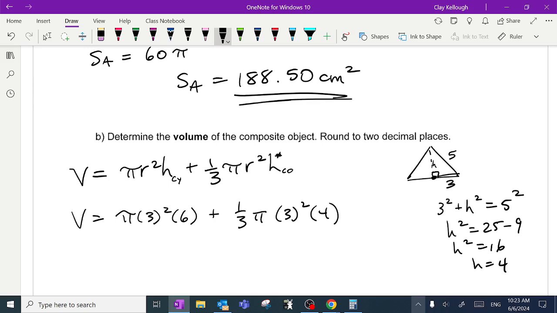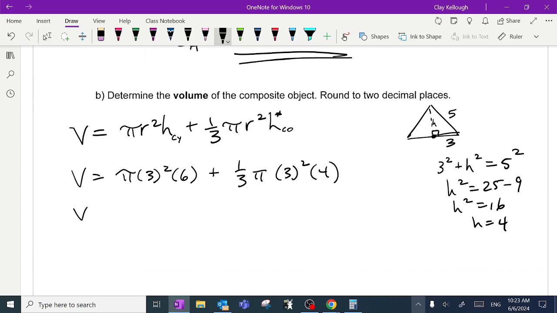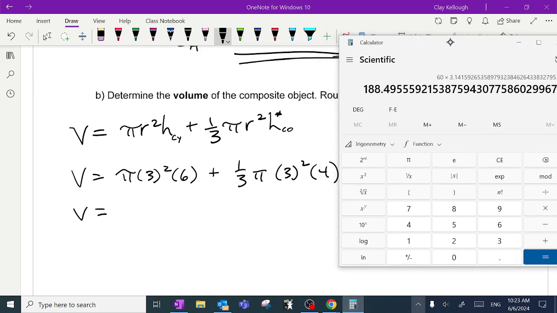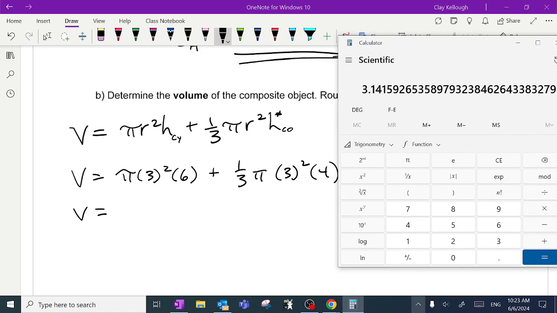So this is times 4. Okay? And I'm ready to punch buttons now. This time, you better punch with me because there's a lot of buttons. I'm bound to goof this up. All right, let's see. Pi times 9, right, 3 squared, times 6. Problem is I can't see what I'm doing. Let me start over.